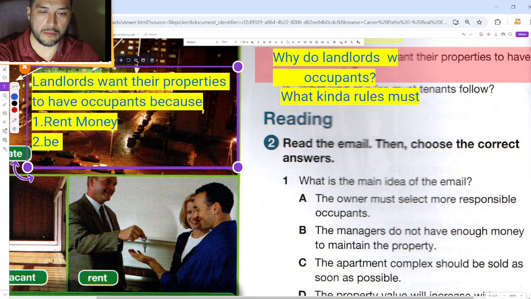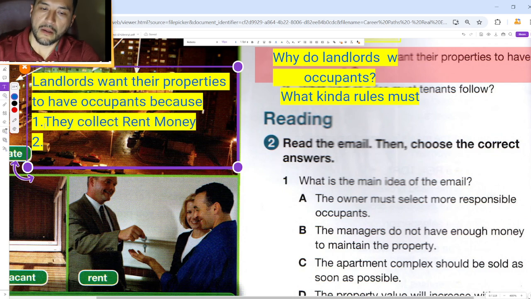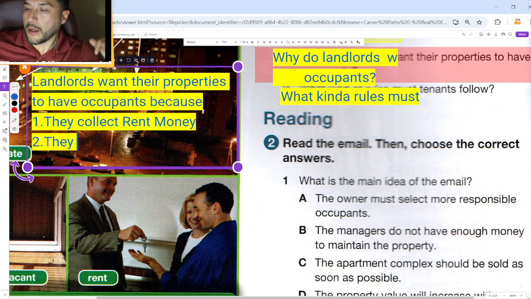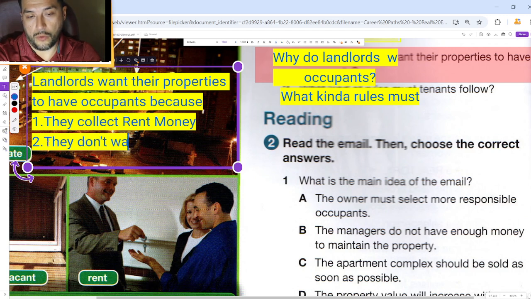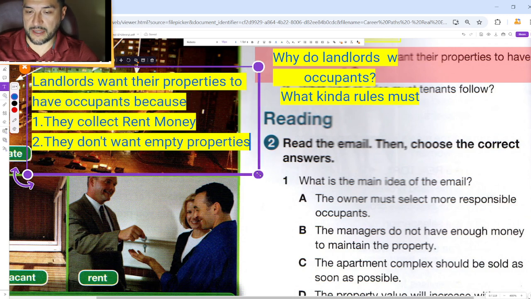Because they collect rent money. They don't want empty properties, right? Well, we can say that, even though it's the same thing.